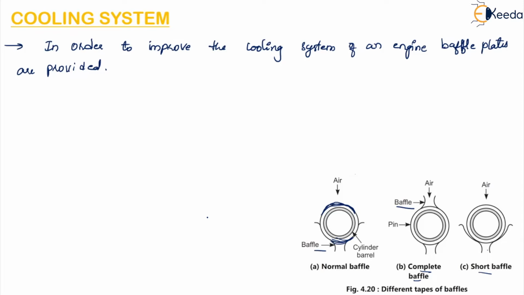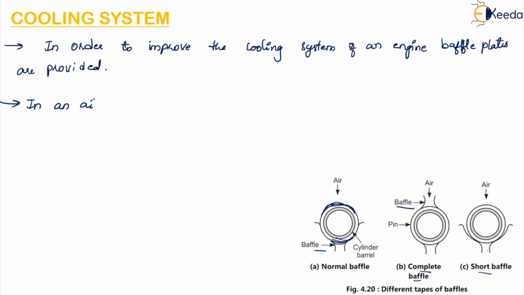Almost equal temperature was found on the front end where the air is flowing continuously, and also on the rear end where the baffles are provided. They not only provide uniform temperature in the circumference, but also a greater average surface heat transfer coefficient was found. That is why baffle plates of different types are installed, so that the temperature will be uniform throughout the circumference of the cylinder.